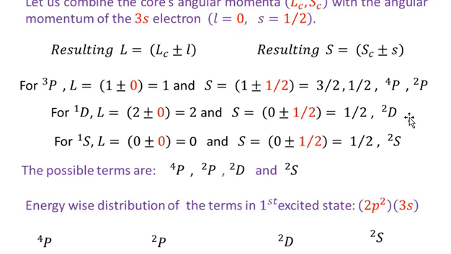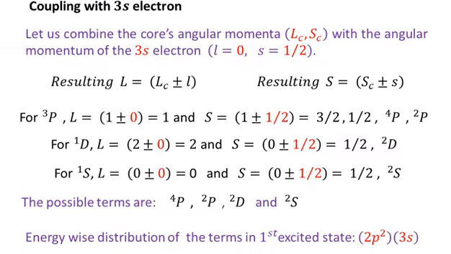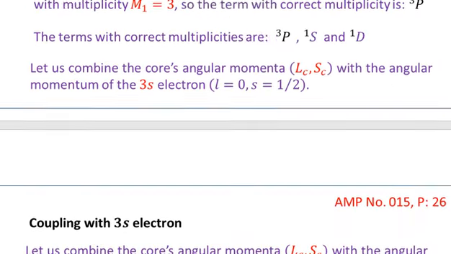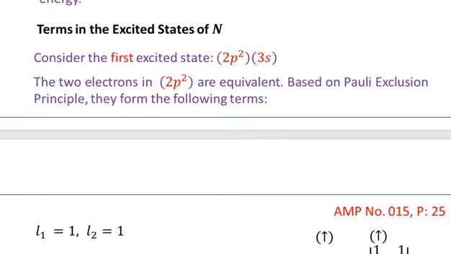So I have obtained now four terms for the 3s electron, and these four terms are 4P, 2P, 2D and 2S. These are the final four terms that I have obtained from the first excited state of the nitrogen atom, and that first excited state is 2p2 and 3s.